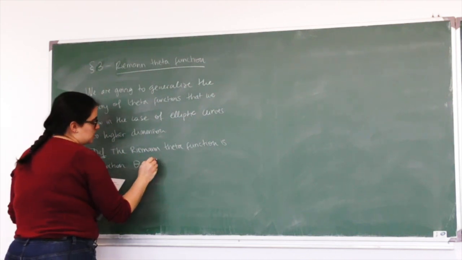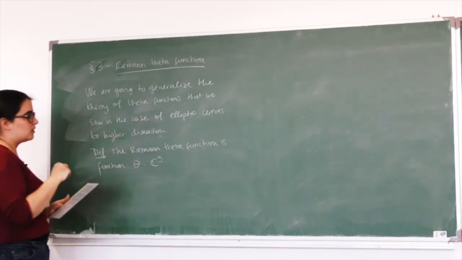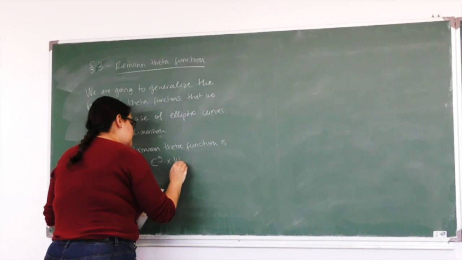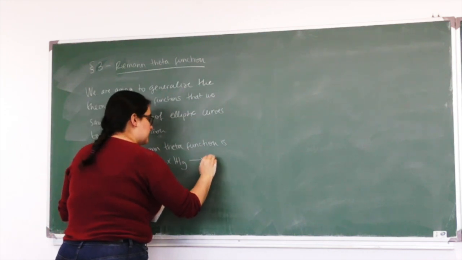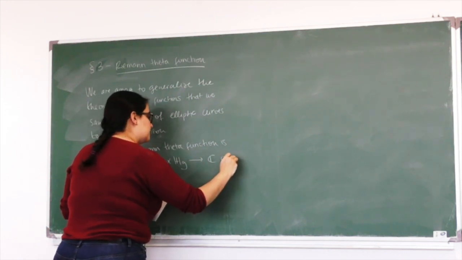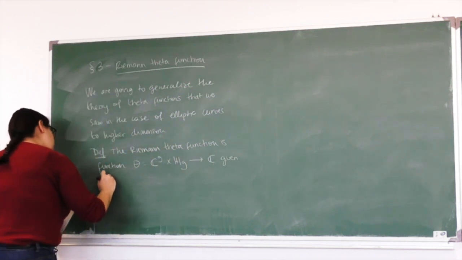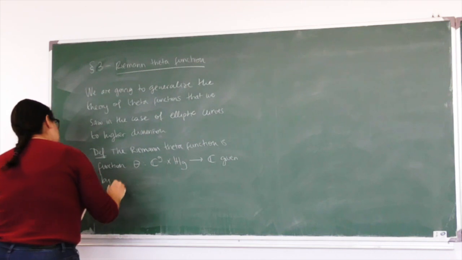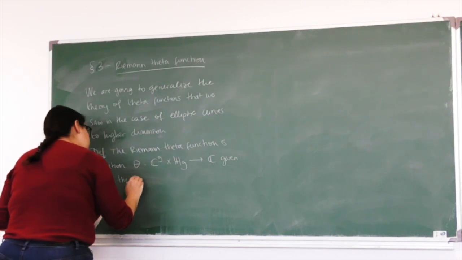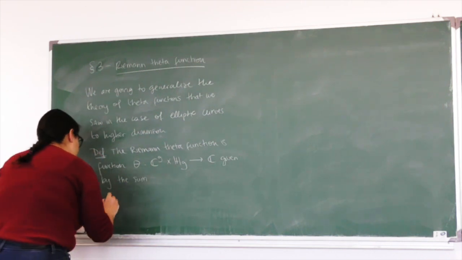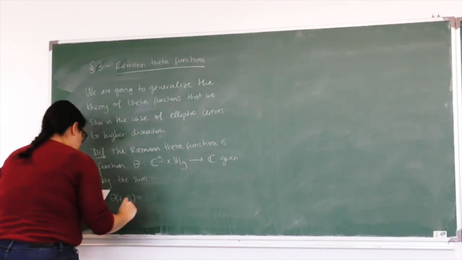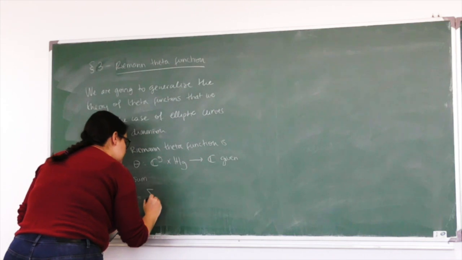theta that goes from C^g times Siegel's upper half space to the complex numbers, given by the sum theta of z, omega equal to the sum.